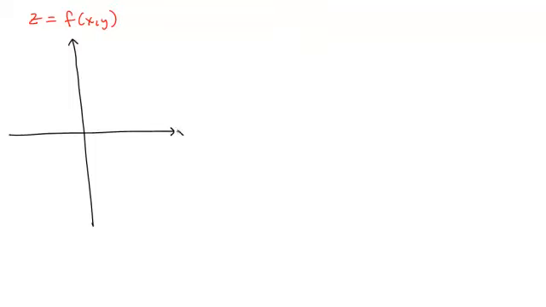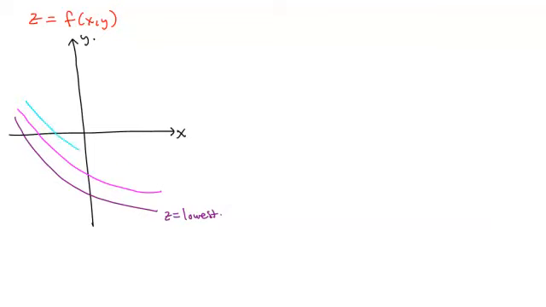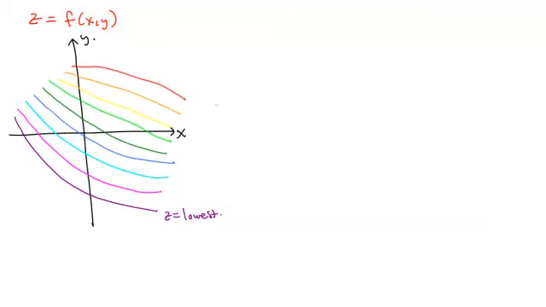I'm simply going to graph its contour plot. So let's say that its lowest contour is right here. Then maybe the next contour is this one right here, and then the next contour is this one, and so on, up to the highest z value. So we have a contour plot.